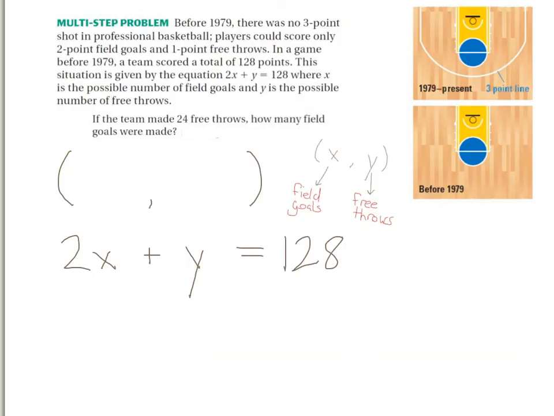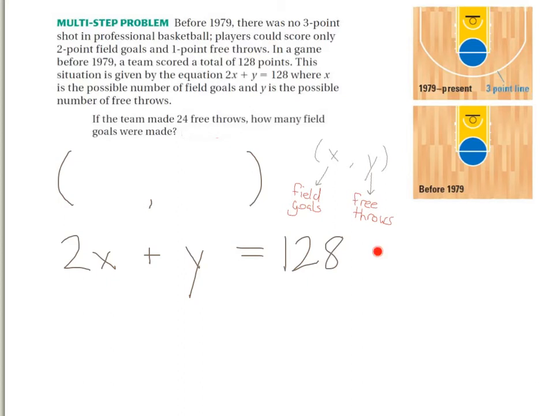Our final part of this basketball problem. If the team made 24 free throws, how many field goals were made? All right, well, we can do some basic mathematics to find that out. In fact, this is kind of a review problem from our previous unit when we were solving linear equations. Again, the question is if the team made 24 free throws, how many field goals were made?